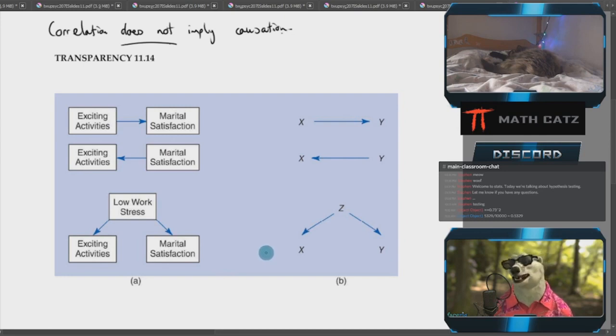We don't want to do that. All correlation is saying is that they are connected in some way. We don't know if it's direct, which direction, or via some third variable that we might not realize. Okay, so that is one very important thing.